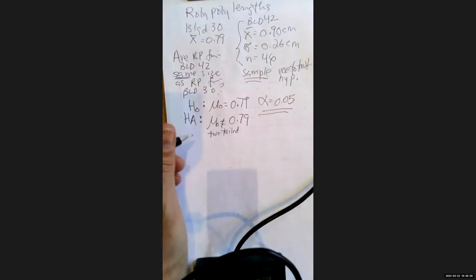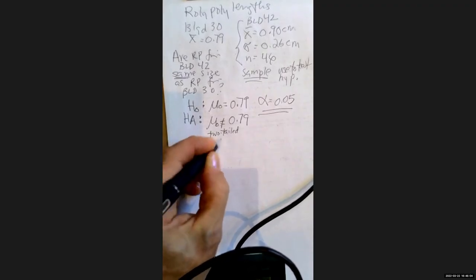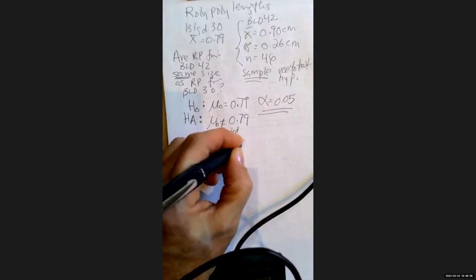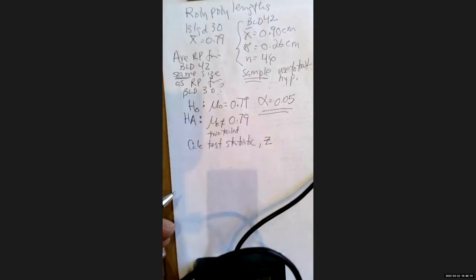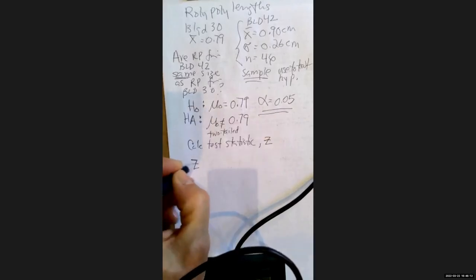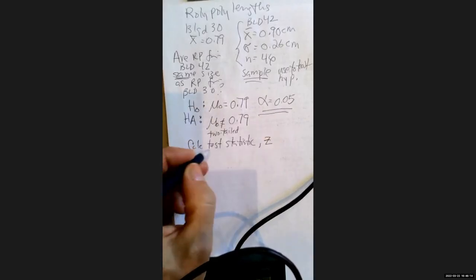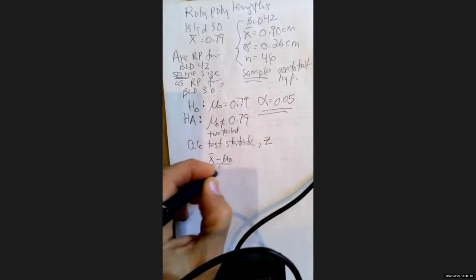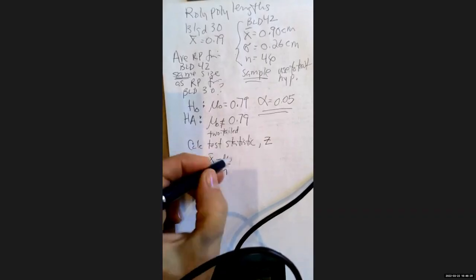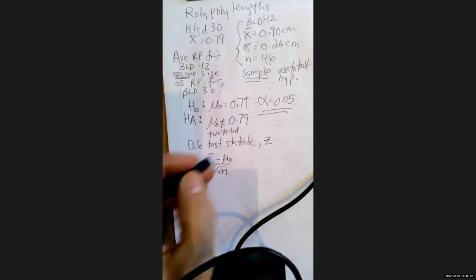All right, so I've written down my hypotheses. My next step is to calculate my test statistic. In this case, I'm doing a z-test, so my test statistic is z. Well, what does z equal? z equals x bar minus mu 0 divided by sigma over root n. I've got all these values up here.